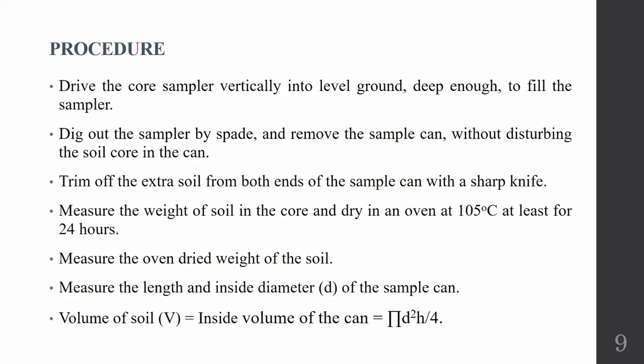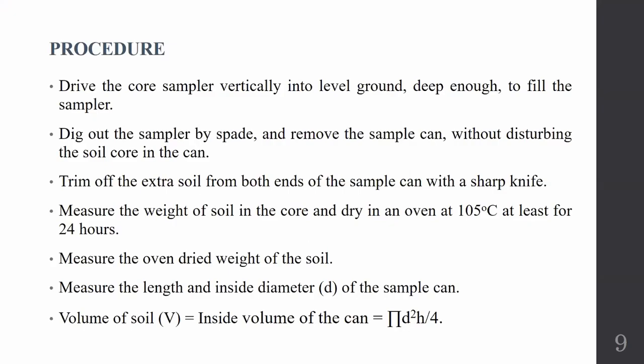First, you have to drive the core sampler vertically into the level ground, deep enough that you want to get the sample, and you have to fill the sampler. Then you have to dig out the sampler using the spade. I think you know the spade.